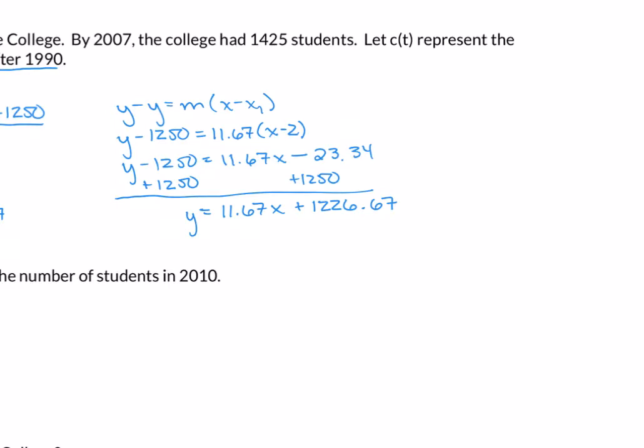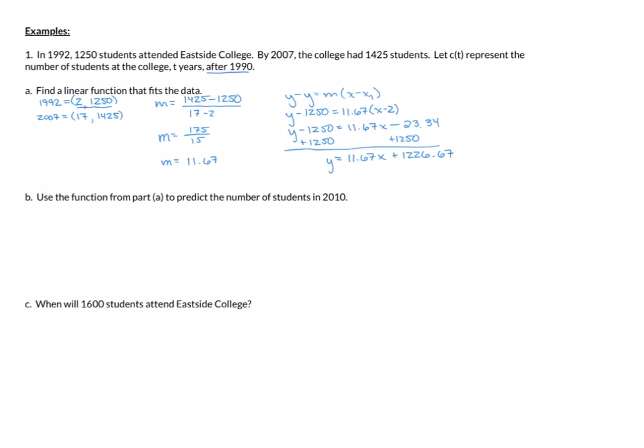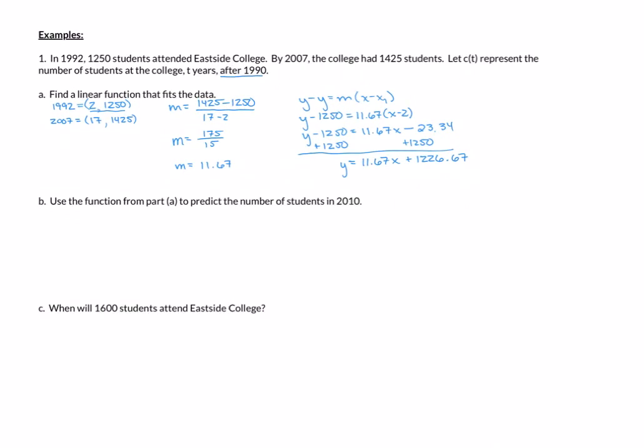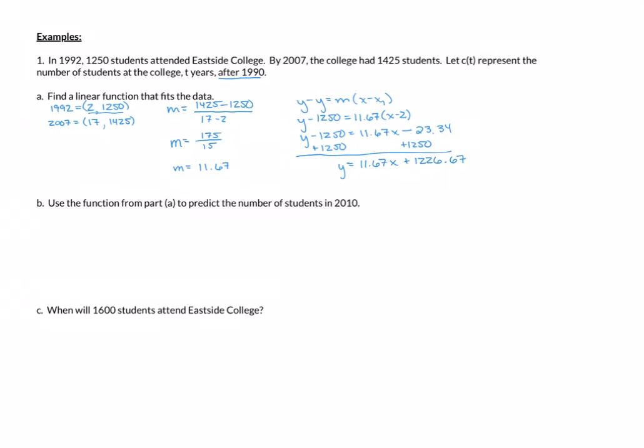Now the last thing we want to do is we do want to be careful, because notice here I don't have the right variables. I should have C of t and t. So if you're going to use x's and y's in your computations, that's fine. Just make sure that when you're done, you go back and you replace what you have with what you actually want.